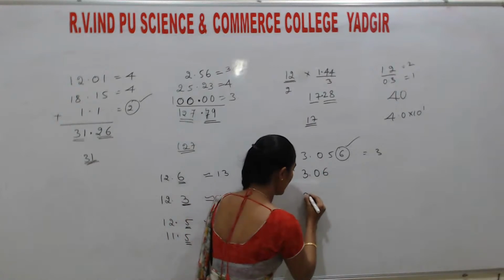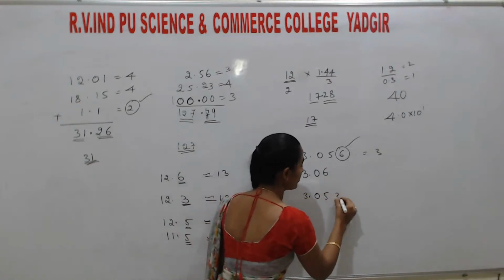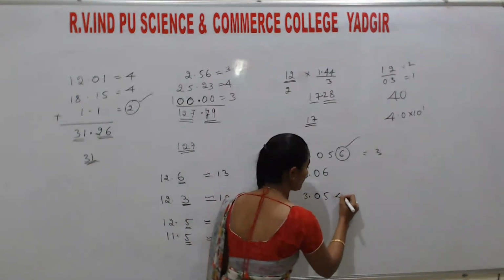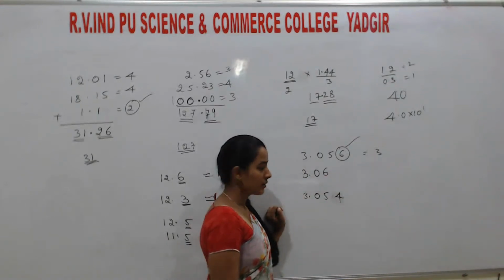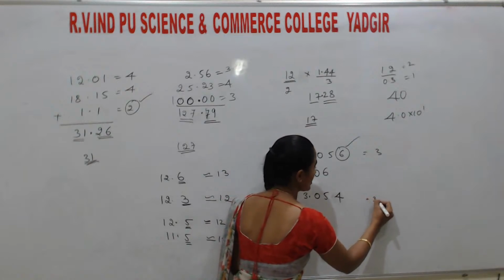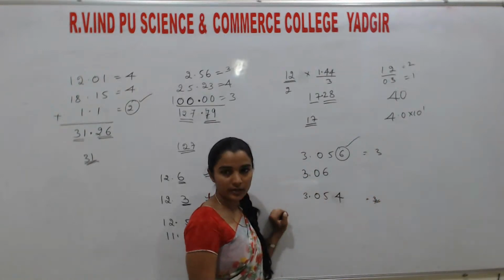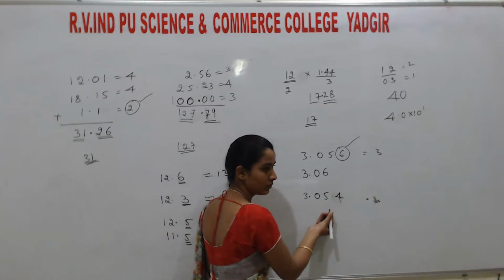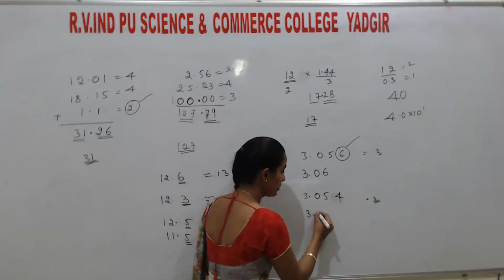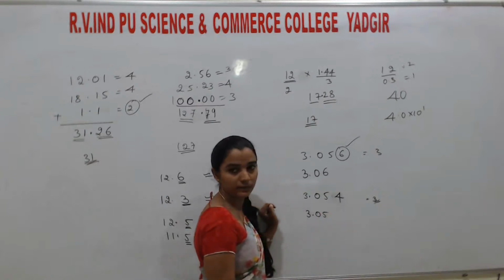Okay, I'll type this one again, 3.053 or 3.054. Here we want to write it in 3 significant figures. Then the value becomes 3.05.